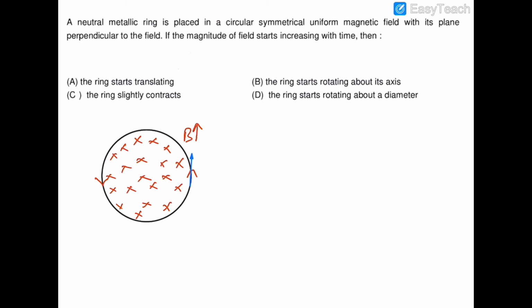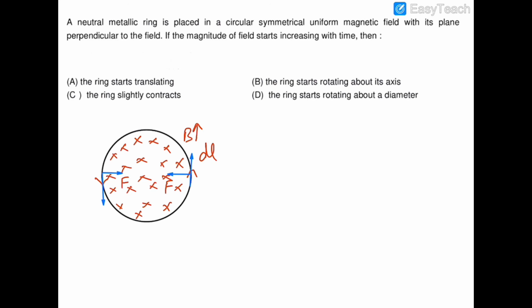This is a small element of length dl, and if I predict the direction of force by Fleming's left hand rule, then the magnetic field is pointing in the downward direction, and the current is flowing in this direction. Magnetic field is in the downward direction. Therefore the force acting on this element would be like that. This is F, and in this element the force acting would be like that. This is F.